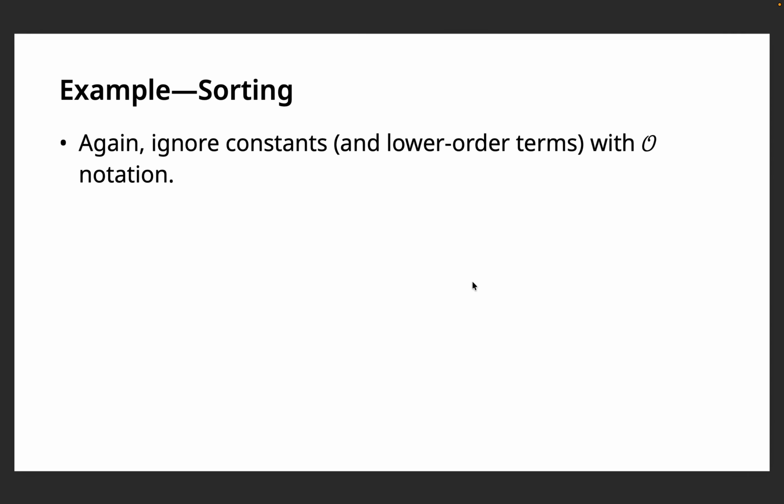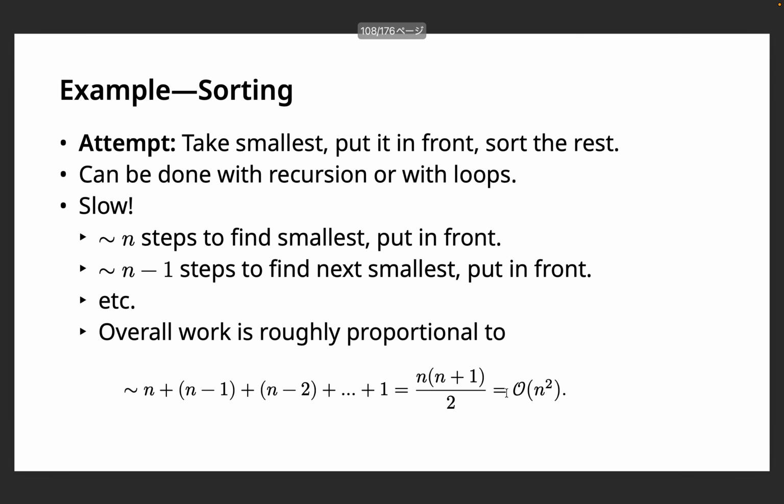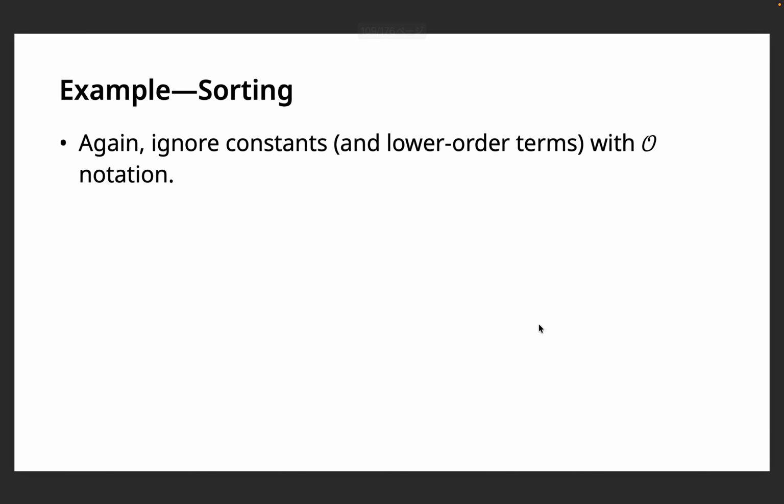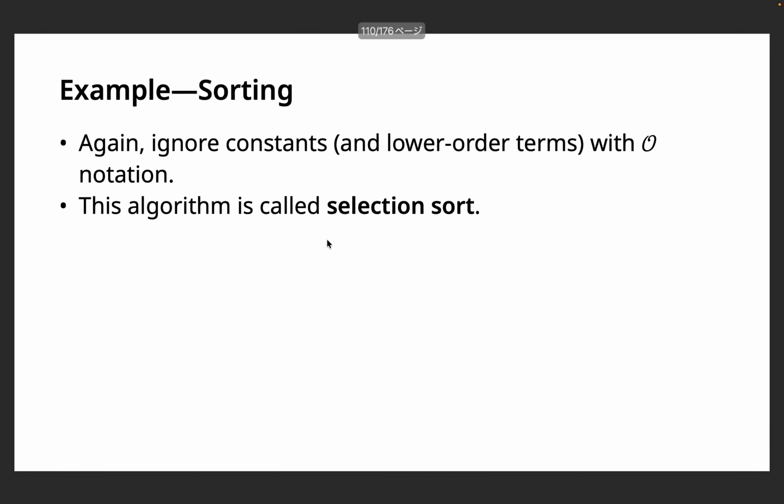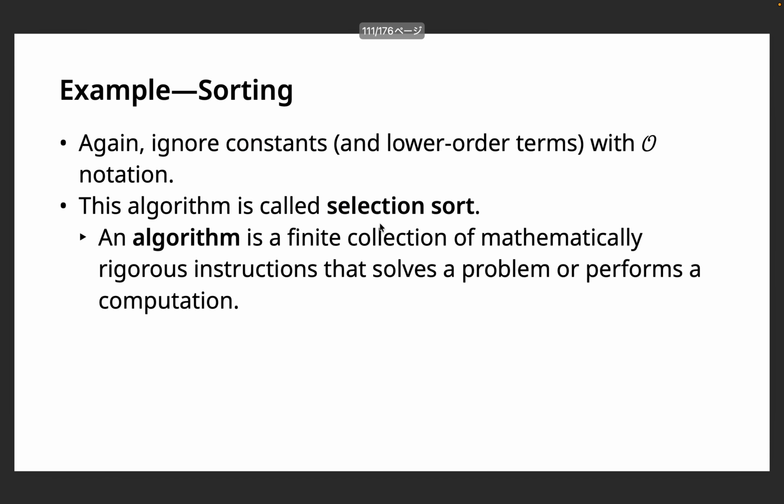Okay, so that's pretty slow, as we've just seen from the first part of this lecture. So this kind of sorting, where we select an element and put it in front, then recursively sort the rest of the elements, is what we call selection sort. So you're selecting the element to put in front, and you sort the rest of the elements.